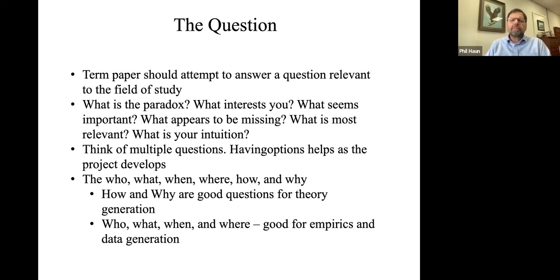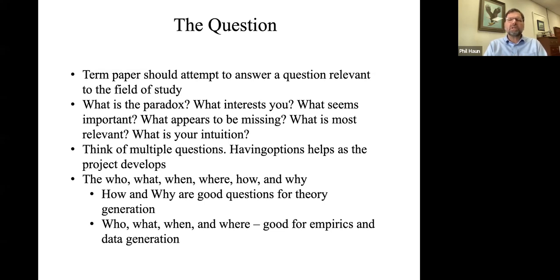And then when I'm thinking of the question, I quite often look at the who, what, when, where, why, how. And for a lot of the work that I do, I tend to go immediately to the how and the why. These are good questions if you're trying to develop a theory, some type of explanatory power. How and why are good questions.